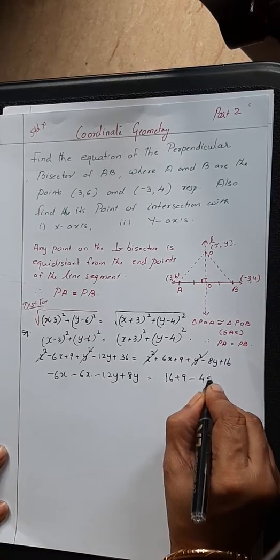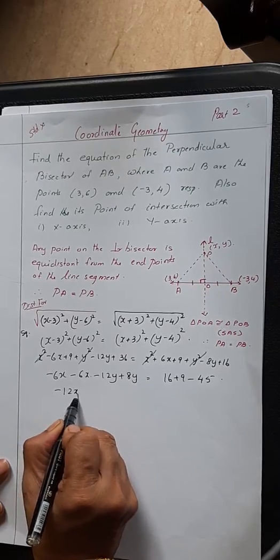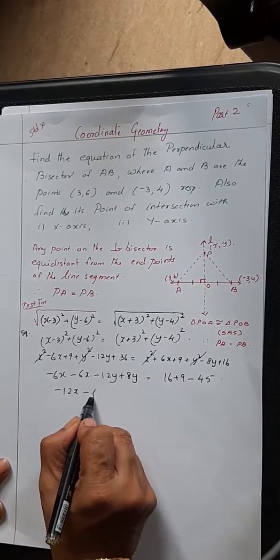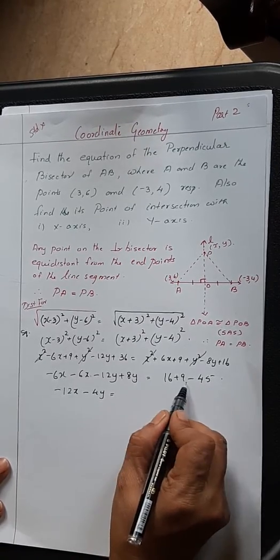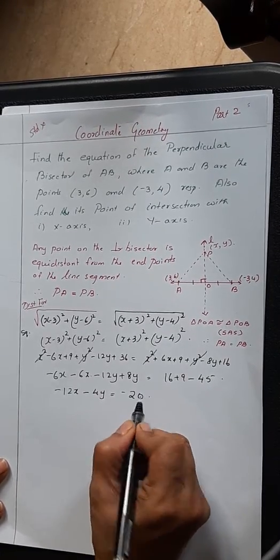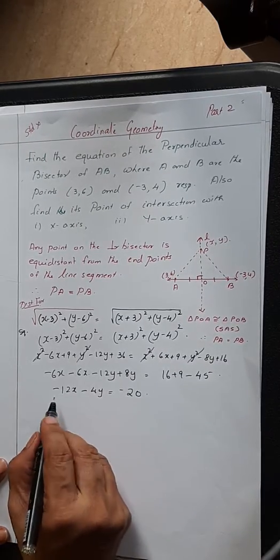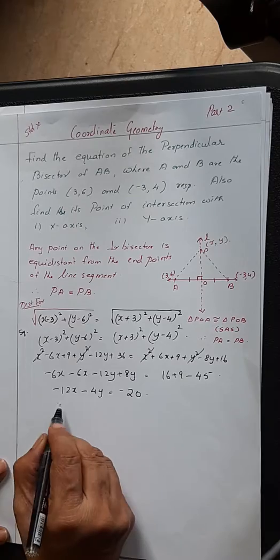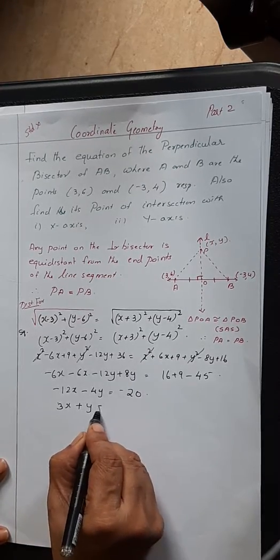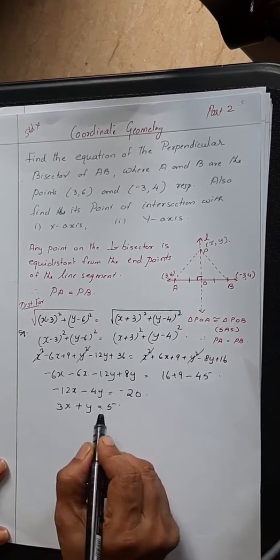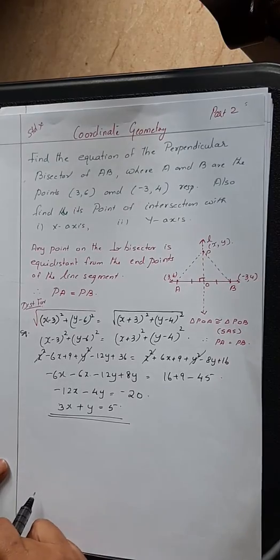So minus 45. So you get this as minus 12x minus 4y equal to minus 20. Now divide throughout by minus 4. So you get 3x plus y equal to 5. So now this is the equation of the perpendicular bisector of this line.